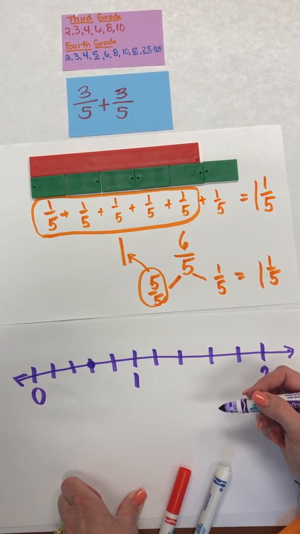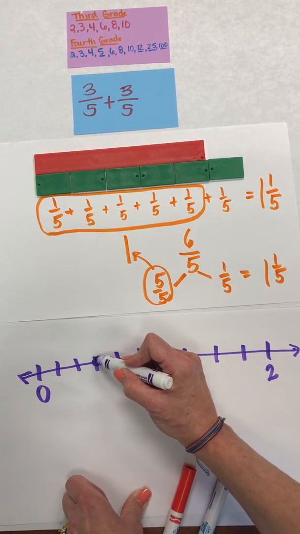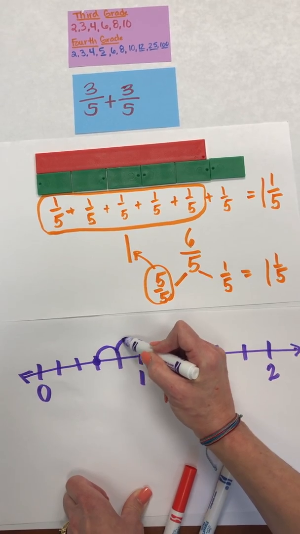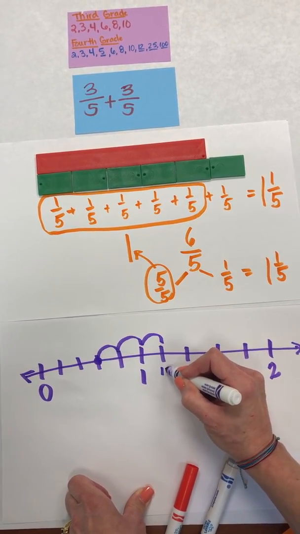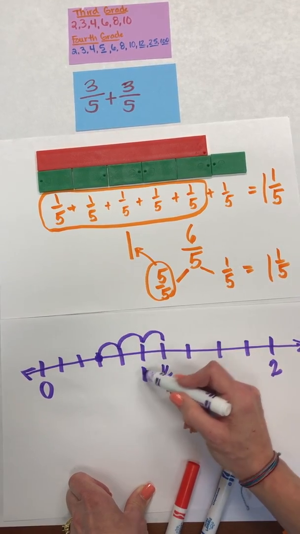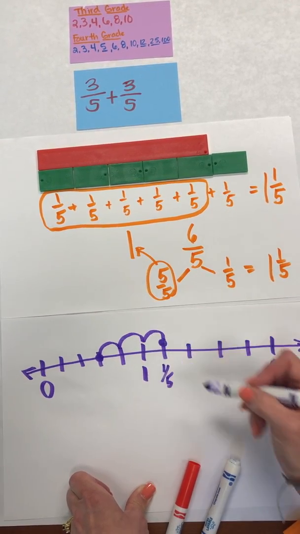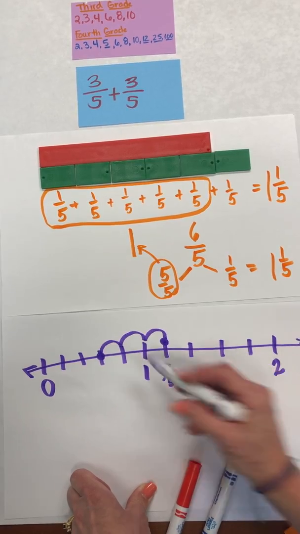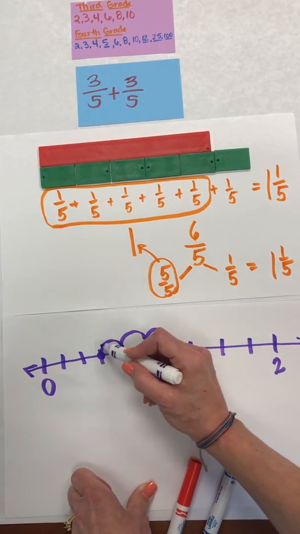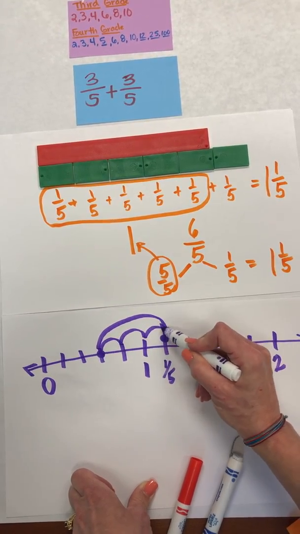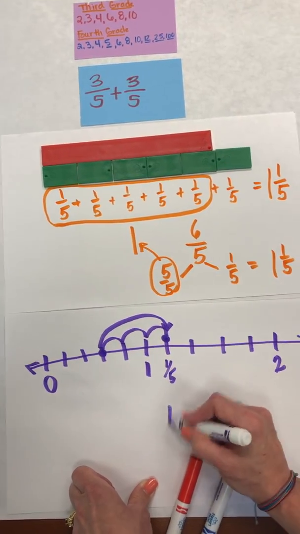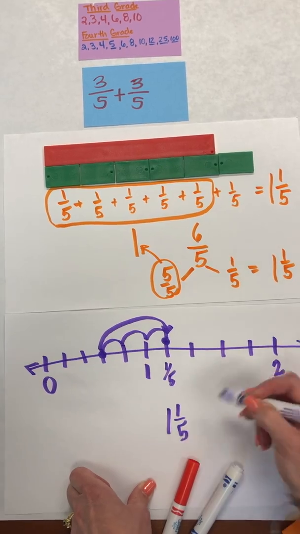And then I'm going to add 3/5 more, so that's 1/5, 2/5, 3/5. And then you can see that I end up at 1 1/5. Now, some students, they'll need to make those 3 jumps. Some students can just do it in their head, 1, 2, 3, make that 1 jump to get them to that 1 1/5.